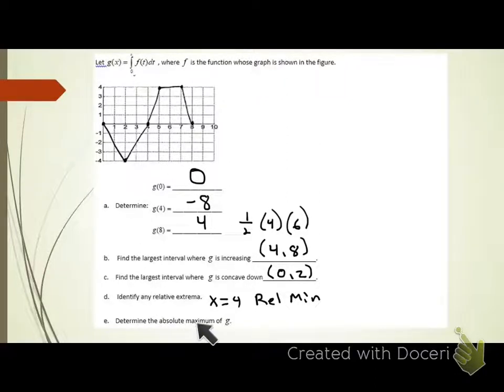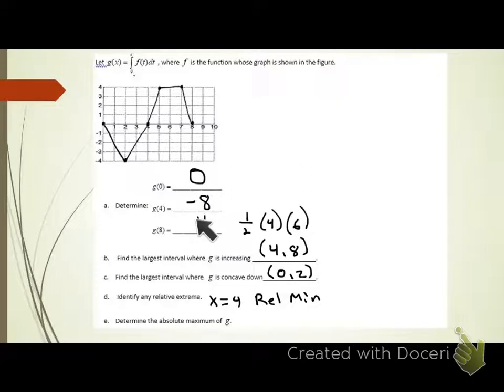Determine the absolute maximum of g. I didn't ask for relative extrema, absolute maximum of g. Okay? The absolute maximum occurs where I have the most positive underneath the curve. Don't I get the most positive answer here at x equals 8? Because look, negative, negative, positive, but it's still negative till about right here.